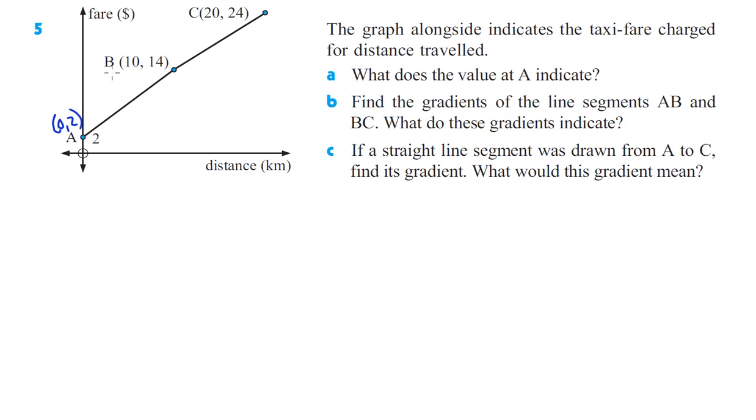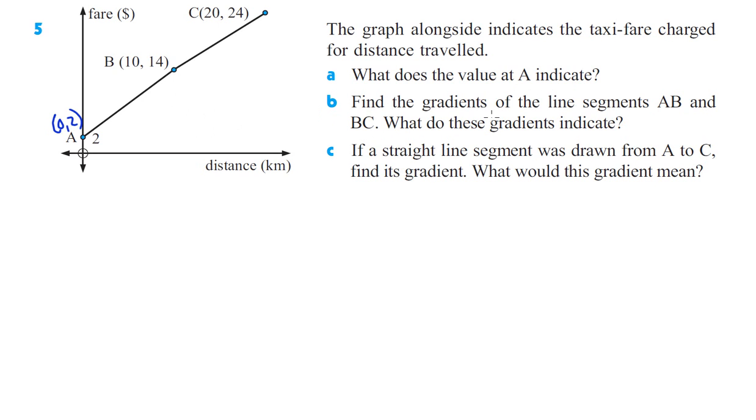So that means you're going to have to pay $2 to travel no kilometers, right? That really means you have to pay $2 basically just to get in the taxi, and then you start paying for however many kilometers you travel. You have to pay a standard rate for that. Okay, so A is just the cost for getting in the taxi basically.